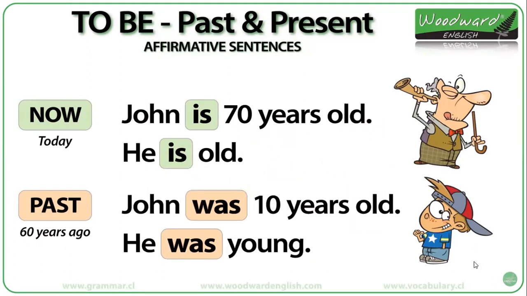He was young. Was is the past tense. John was 10 in the past, or 60 years ago. He was young then, at that moment in the past. Is is the present tense. Was is the past tense.